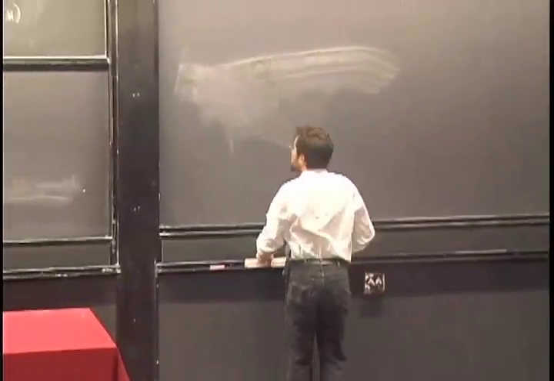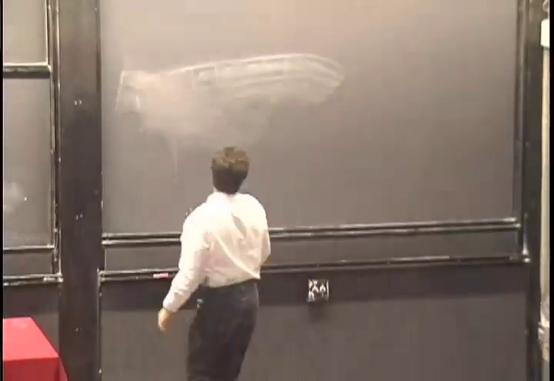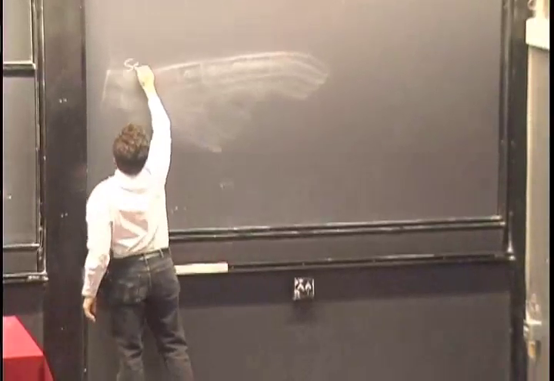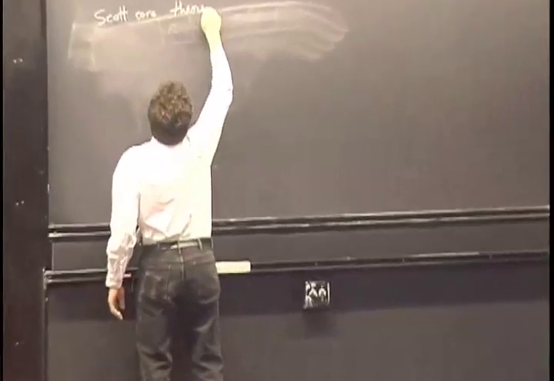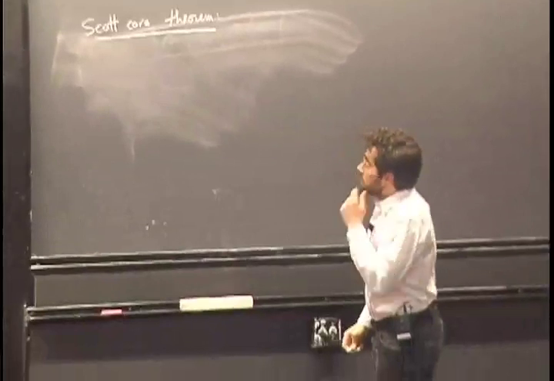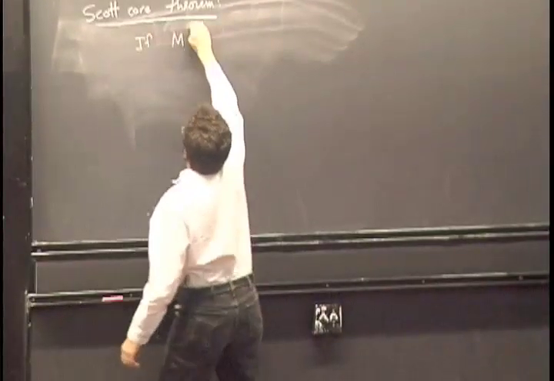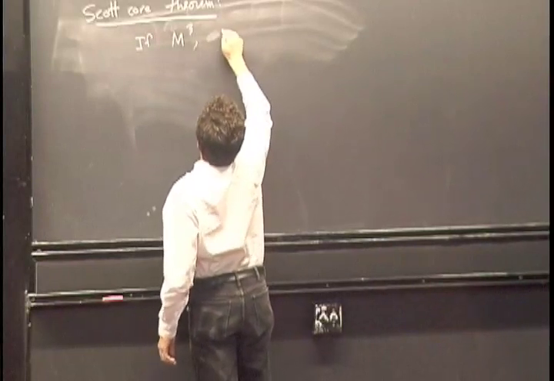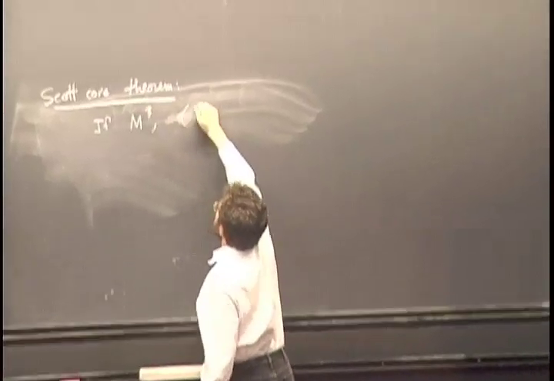which is what do we know about these manifolds? Well, what we know is that's it right here, the Scott theorem, this is Peter Scott, says that if M is a 3 manifold and, actually, sorry, we should also add a technical condition of irreducible.